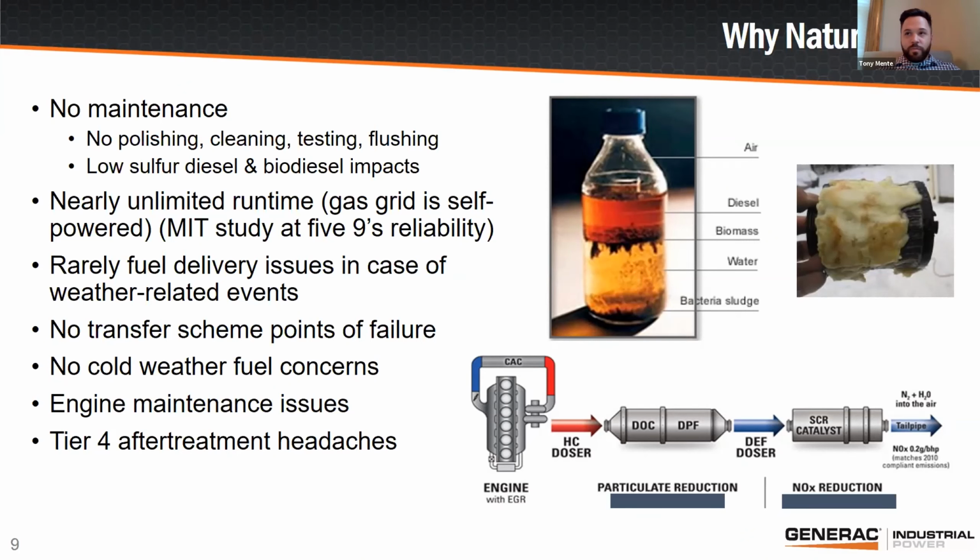There's no real fail point in that gas infrastructure, so the genset can really run for as long as you need it. If you don't have access to a natural gas pipeline, that's where we see propane as a very viable solution as well. In that case, you do run into the same struggle of having to get it trucked in, but again, there's no limitation on how long that fuel can sit inside of that propane tank.